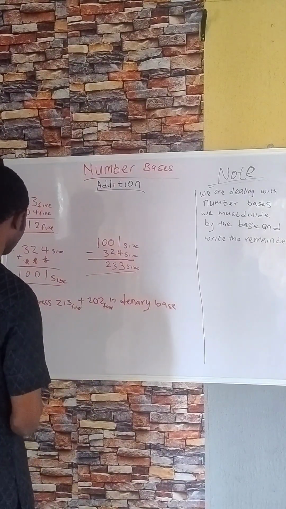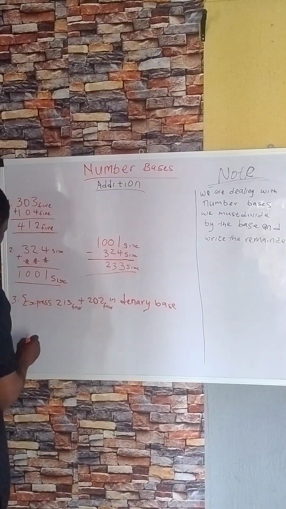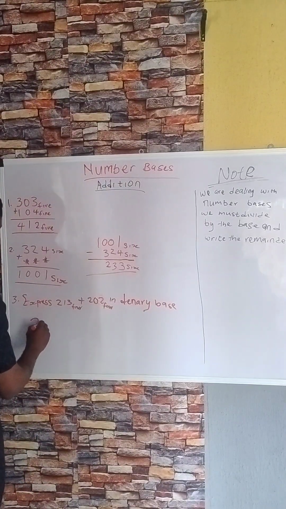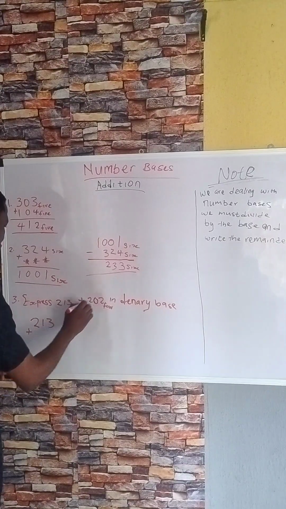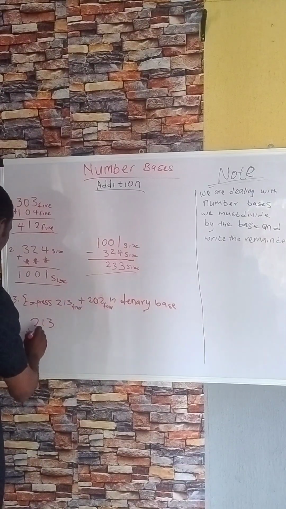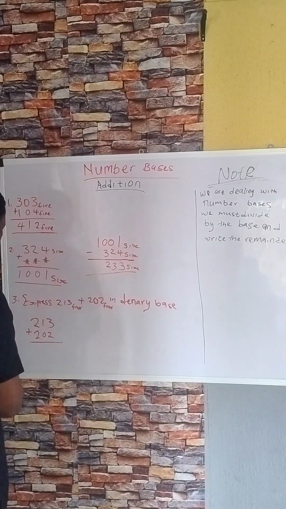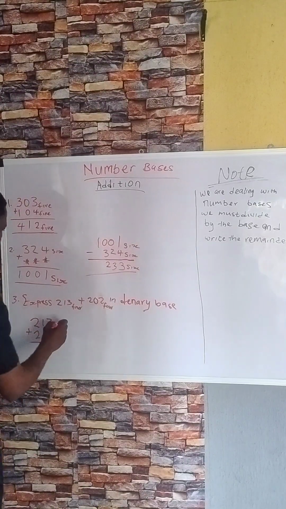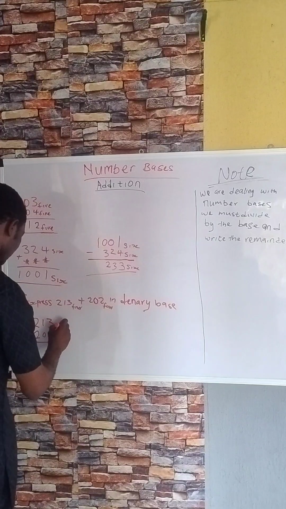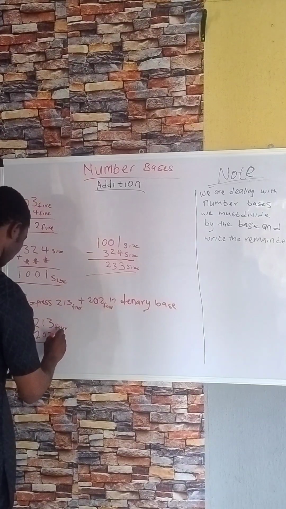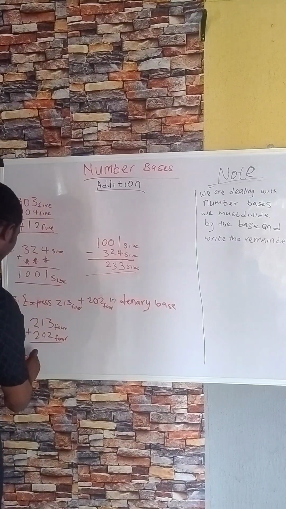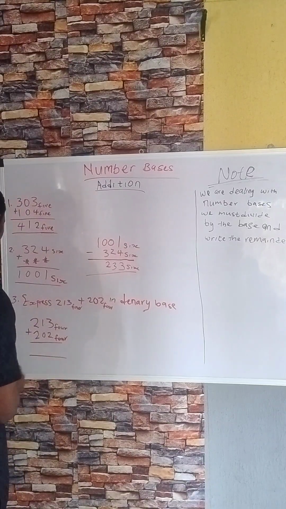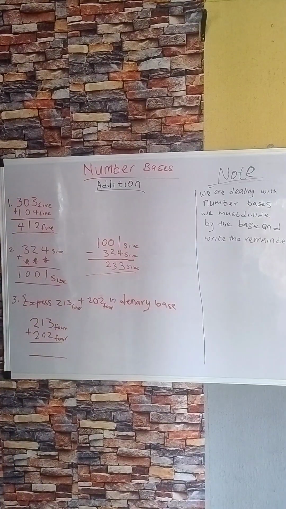So what are we dealing with here? We have 213 plus 202. So if you're adding this, these are in base 4, that means your answer will also be in base 4.